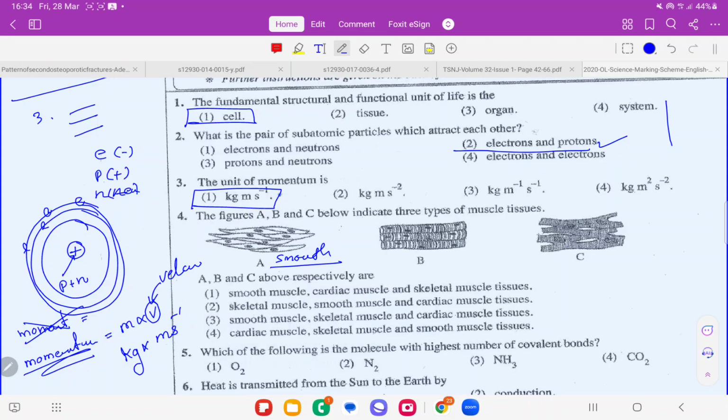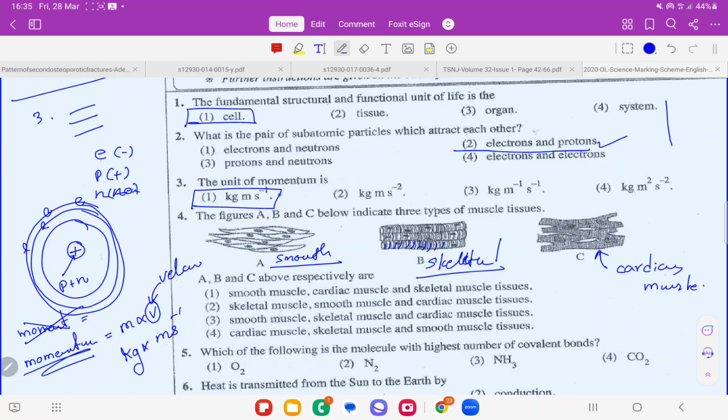And this one is cylindrical in shape, with cross striations, and also a nucleus or multiple nuclei, but we can't observe it clearly. But the striations and cylindrical shape suggest that it is what? Skeletal muscle, right? And this is what? This is cardiac muscle, right?